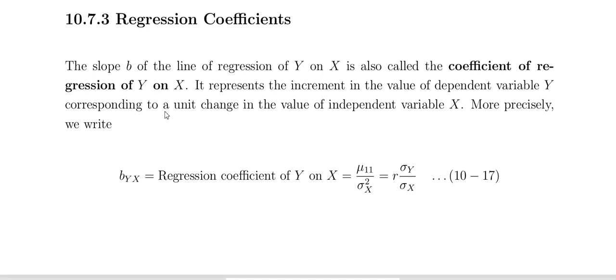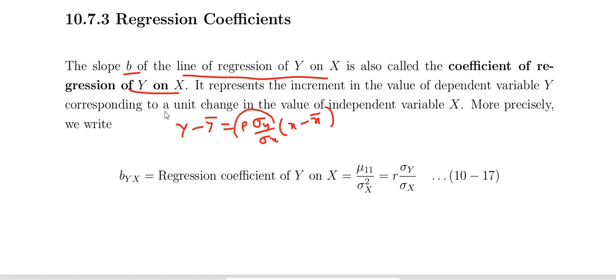this is called the regression coefficients. The slope b of the line of regression of y on x is called the coefficient of regression of y on x. The regression equation of y on x is y minus y bar equal to rho, here we use r generally, into sigma y by sigma x into x minus x bar.